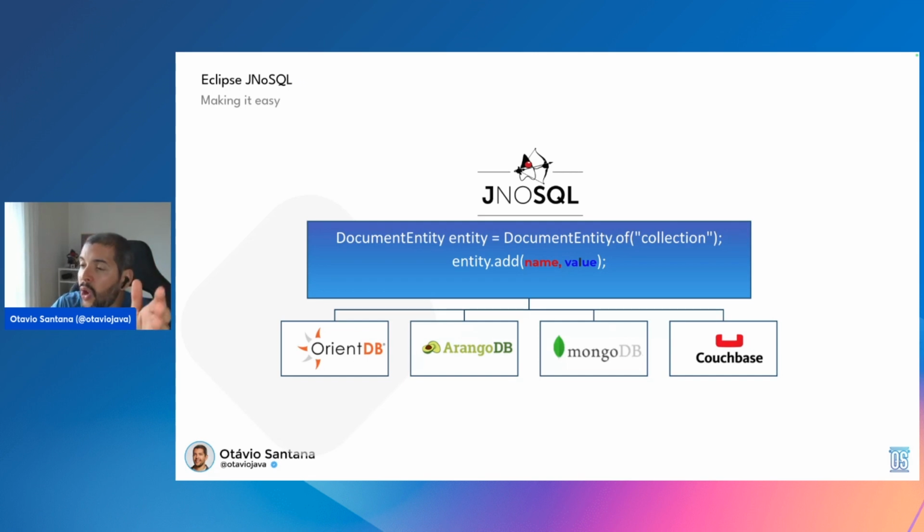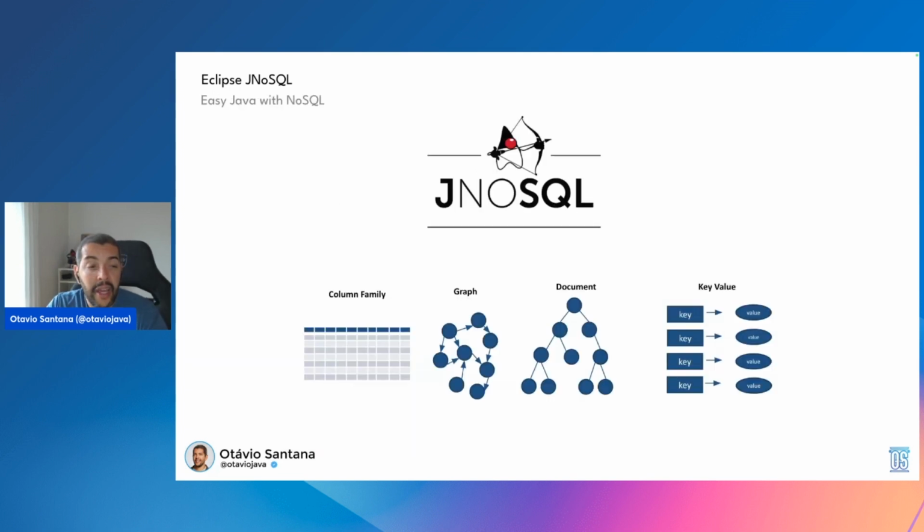So I use the document entity, do the operation, and it will convert and translate to OrientDB, ArangoDB, MongoDB, Couchbase, and so on. And Eclipse JNoSQL has support for at least four NoSQL database types that we cover today: column family or wide column, graph, document, and key value.